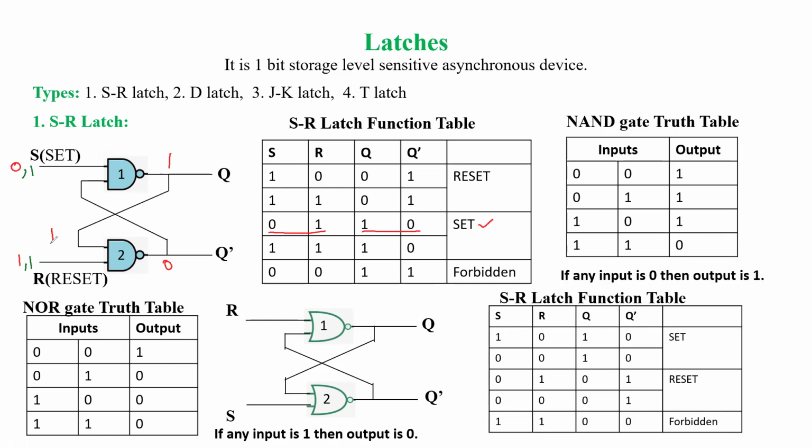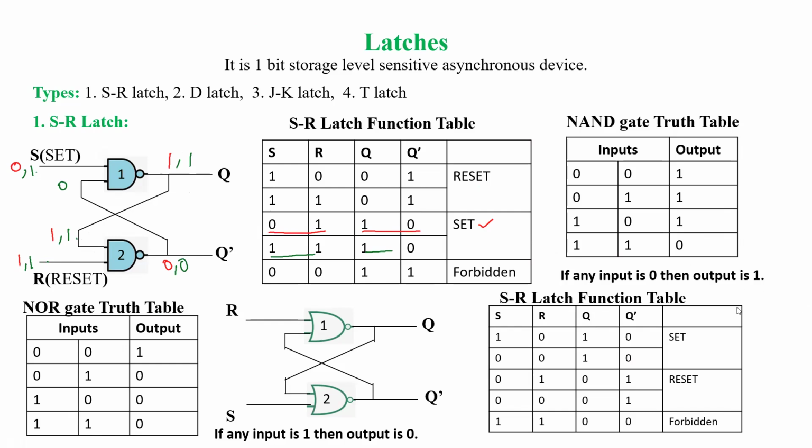We have changed S to 1 and Q dash is 0, so the inputs are 1 and 0, and the output will be 1. The same 1 is given as input to NAND gate 2, so both inputs are 1, 1, and the output will be 0. So the device was set, and it remained set.